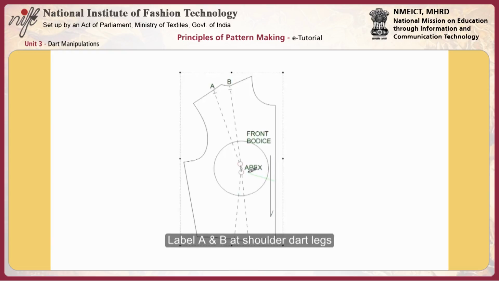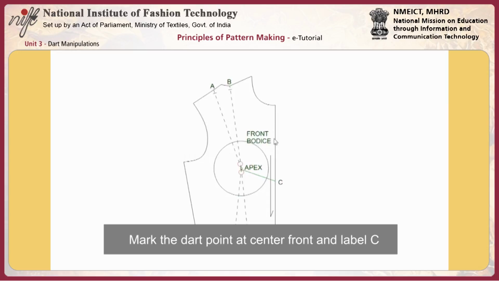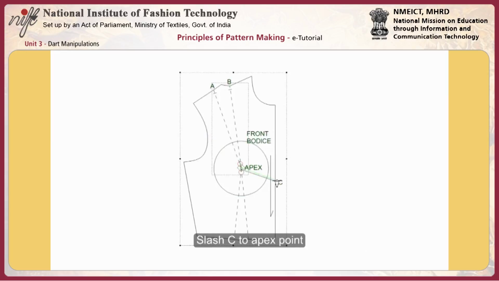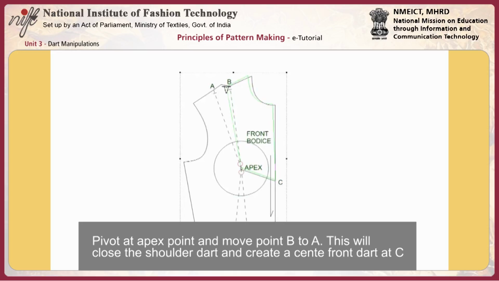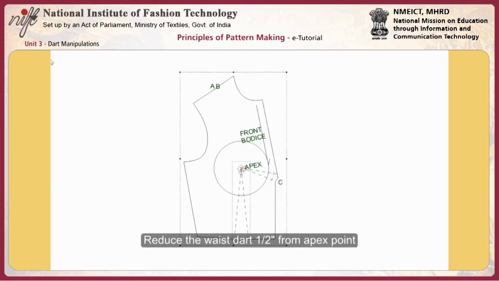Label A and B at the shoulder dart legs. Mark the dart point at the center front and label C. Join C to the apex point. Pivot at the apex point and move the point B to A. This will close the shoulder dart and create the center front dart at C. Reduce the waist dart half an inch from the apex point.